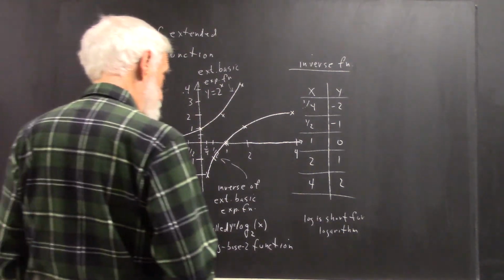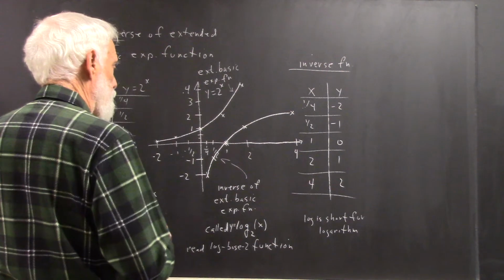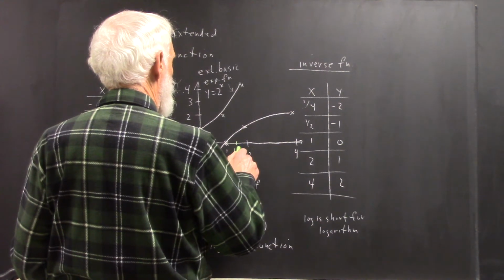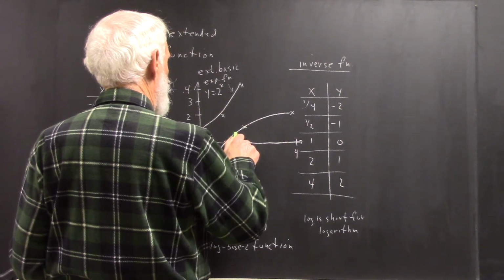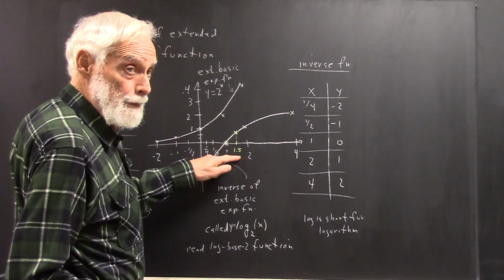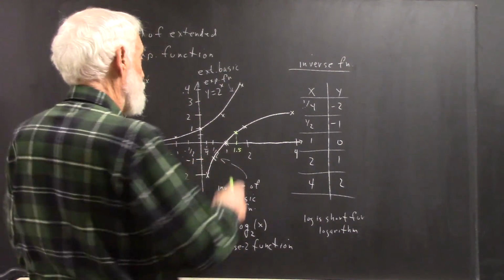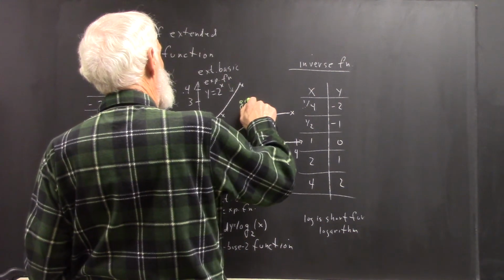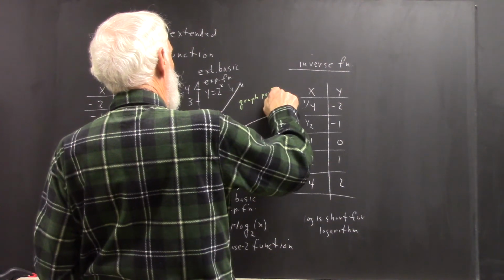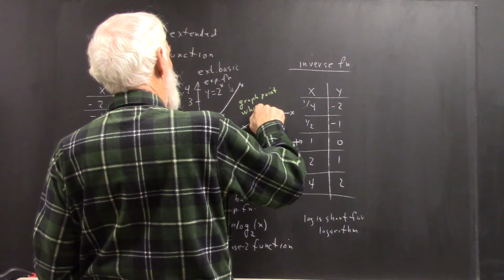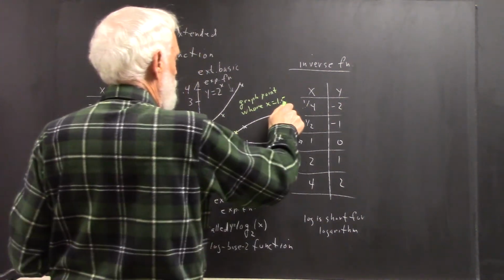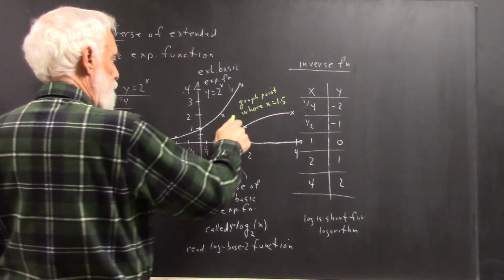Okay, so I could say, for example, here's 1.5, okay? Here's the graph point where x equals 1.5. That's this point here.